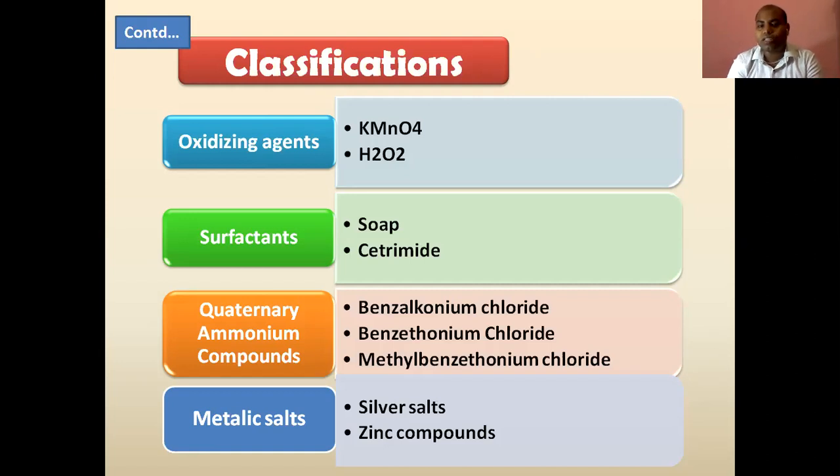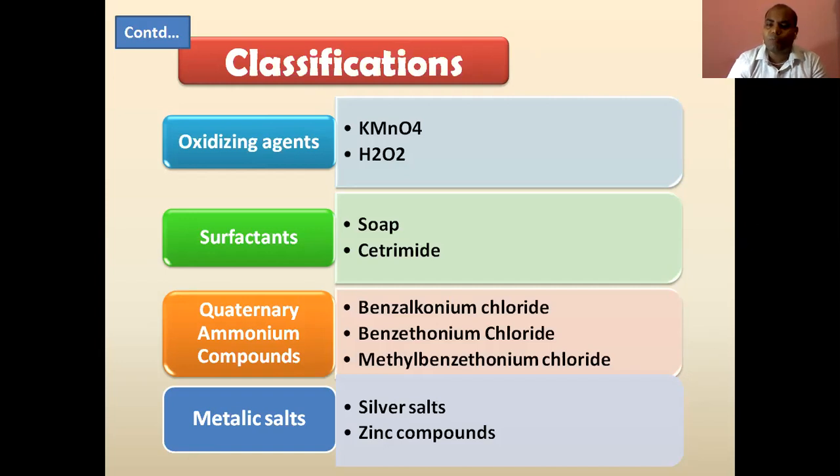So soap solution and cetrimide solution are known as surfactants or surface active agents, which reduce the surface tension of skin and these microbes and help to remove the microbes from our skin. That's why we use soap on a daily basis, in a very frequent way, to kill or to invade the coronavirus or COVID-19.